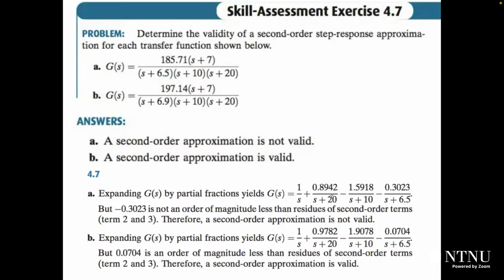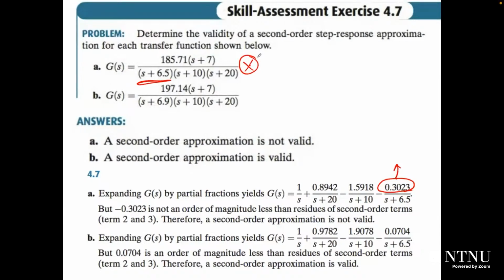So we will do this by partial fraction expansion, and we can find that the coefficient of the pole at minus 6.5 is 0.3. And in fact, 0.3 is large compared to 1.5, 0.8, it's significant, right? When it is significant, we cannot ignore that part. So we can say that, okay, this one, it's not possible. We cannot simplify it as a second order system.